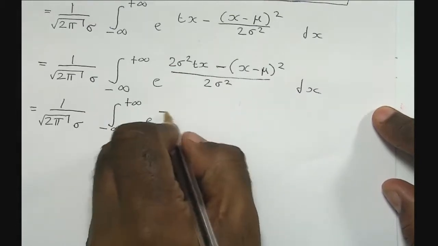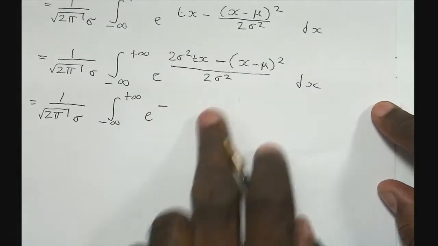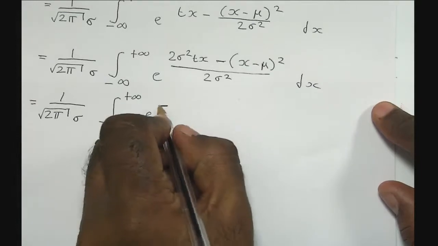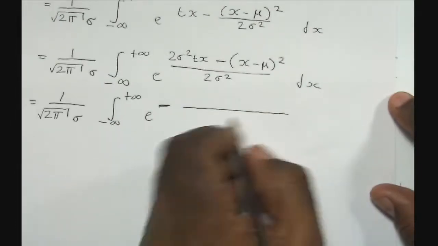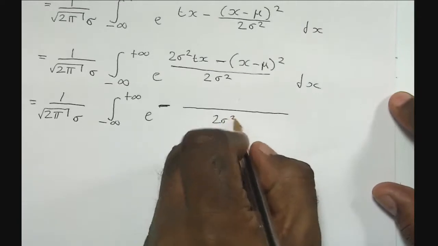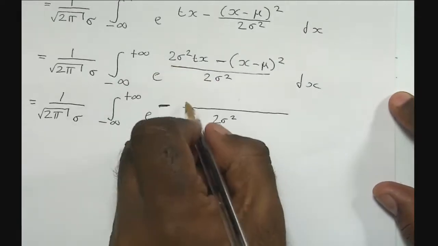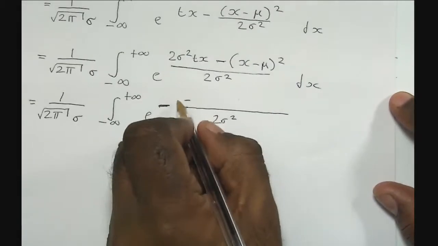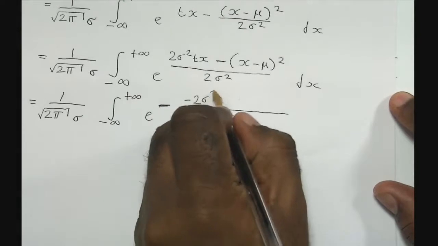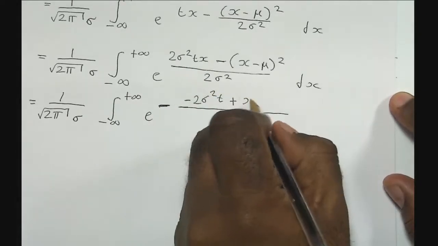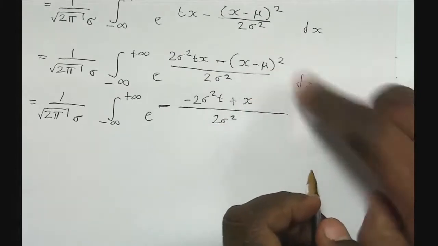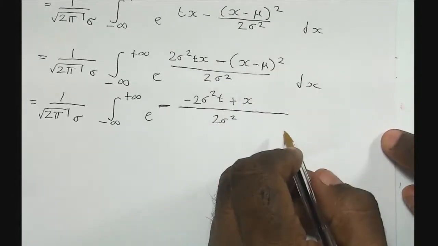So you get this. Because I'm taking a negative sign, I need to multiply this by tx plus, and I'm going to expand x minus mu squared by opening the bracket.